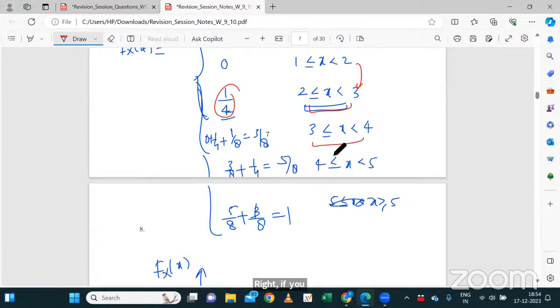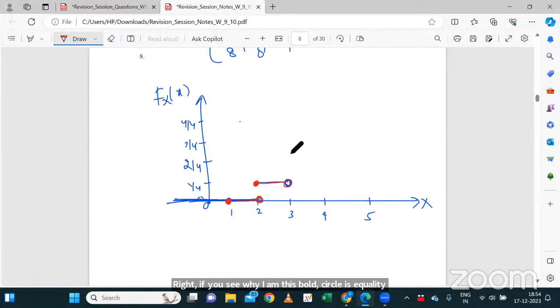From 3 to 4, this is 3/8, which is around 0.375, less than 1/2. I'm just assuming it's somewhere here. Just assume this is your 3/8, okay?